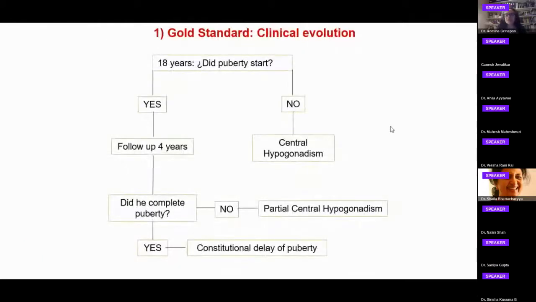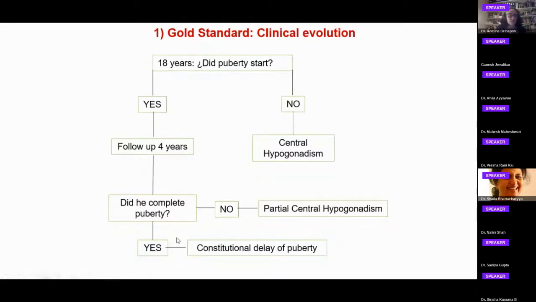What is the clinical evolution? It is waiting until 18 years of age. Did puberty start? If it didn't start, we diagnose central hypogonadism. If puberty starts, we have to wait 4 years and see if the puberty completes.